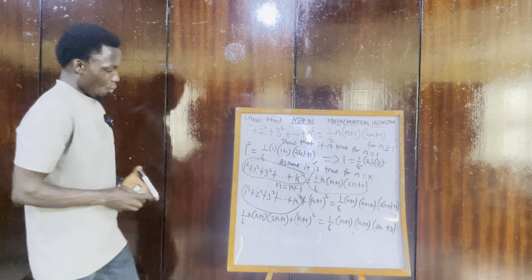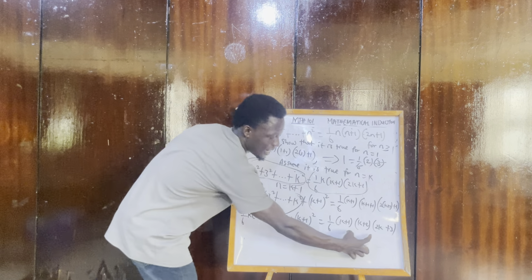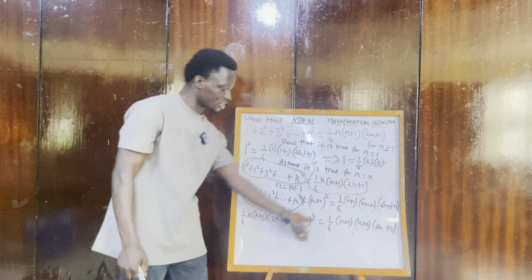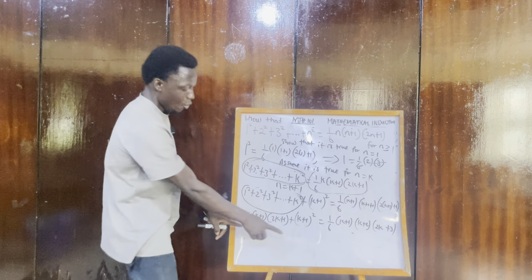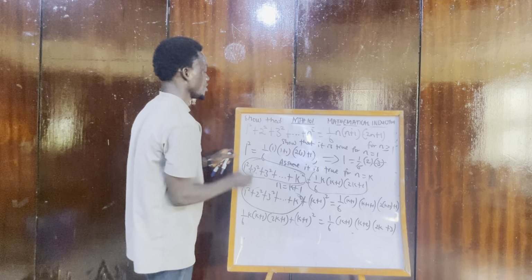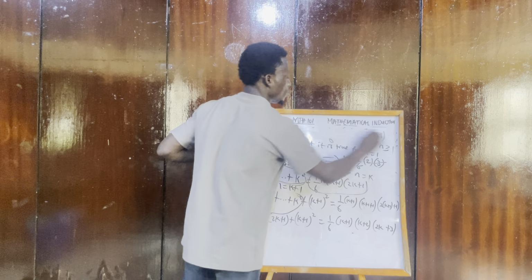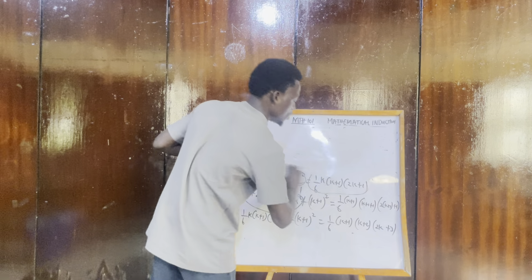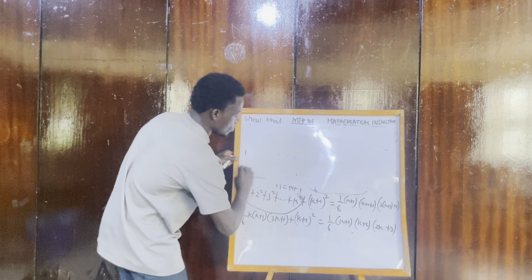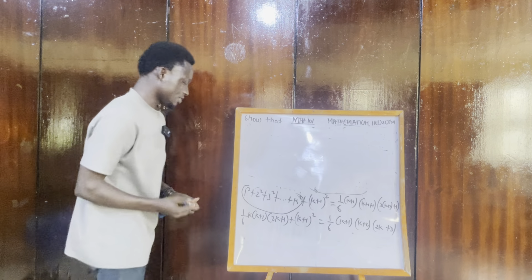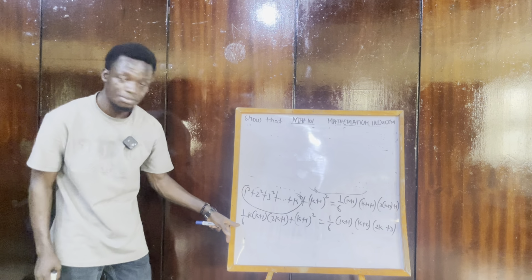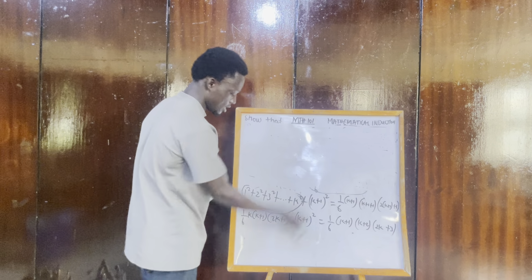So now, you can leave this, you don't need to touch this, just focus on the left hand side and see how you can transform it to be equal to this. So we are focusing on this left hand side now. Let's multiply through by 6 because the LCM is 6.